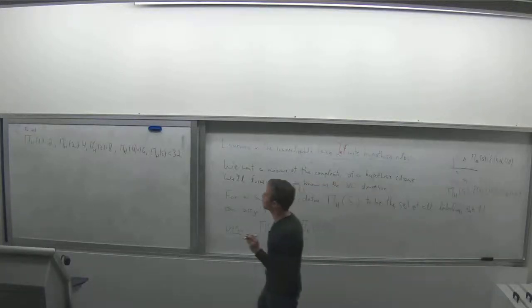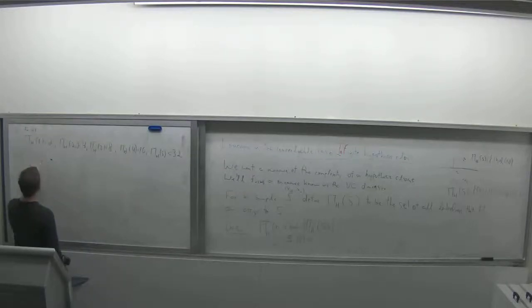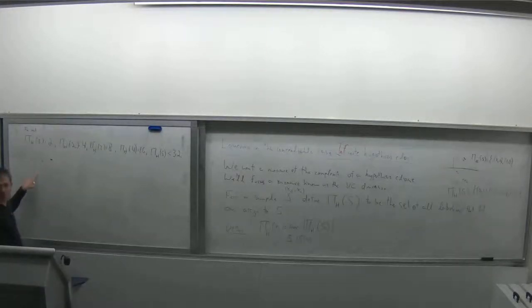Maybe I'll show some examples. 1, 2, 3, 4, 5. So you still have, when you decide on, let's do it this way. This is the 5th point. I can do all of these as pluses, but it doesn't decide on this one. Because I can do all of these pluses and this one is a plus, or I can do all of these pluses and this one is a minus, right?